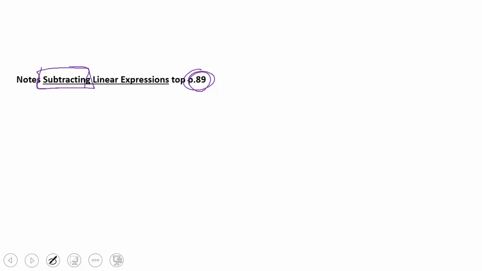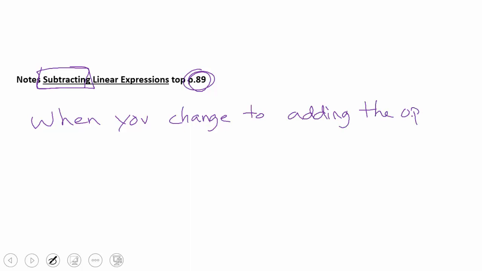So what I'm going to tell you, you need to write down so you really know what we're talking about. When you change to adding the opposite, comma, you must. I'm underlining must.